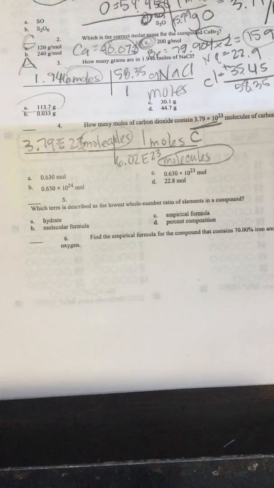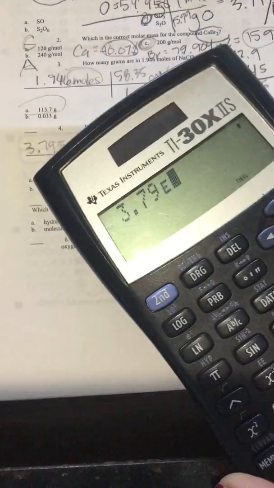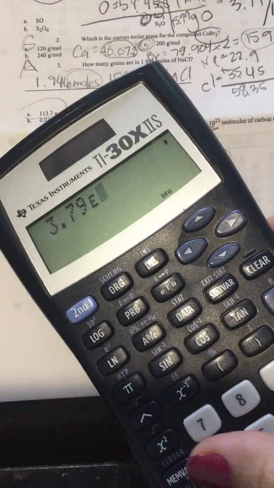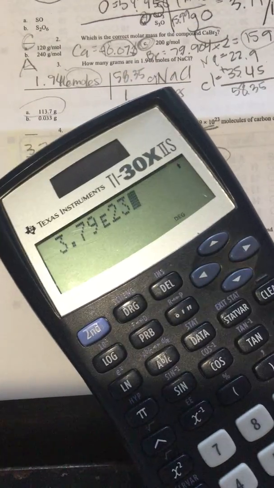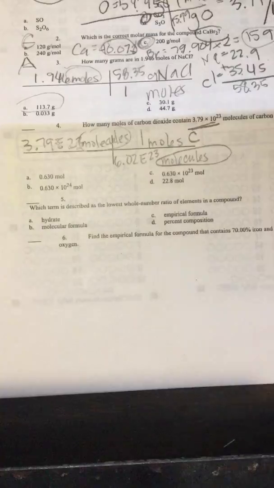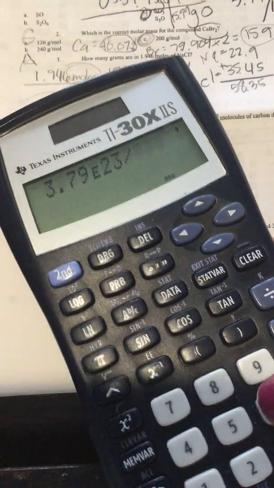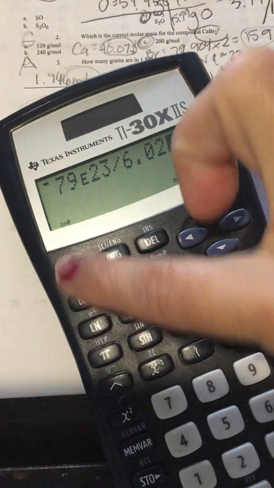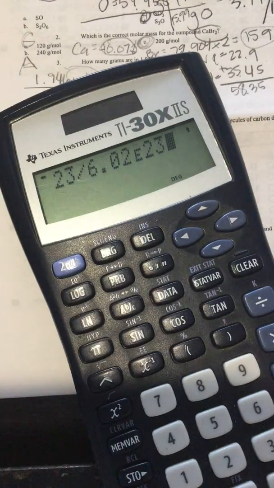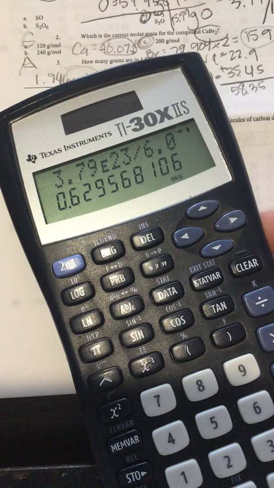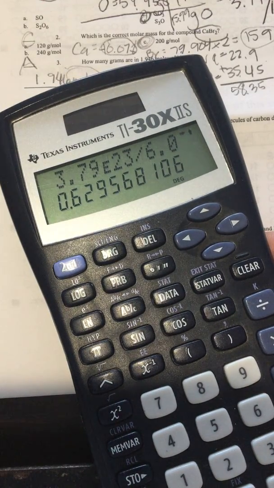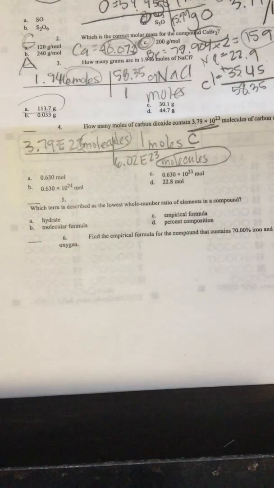You may want to put it in scientific notation. 3.79 times 10 to the positive 23 divided by Avogadro's number, 6.02 times 10 to the 23. Okay, so I got 0.629. Let's look at my answer choices. So there it is in A.